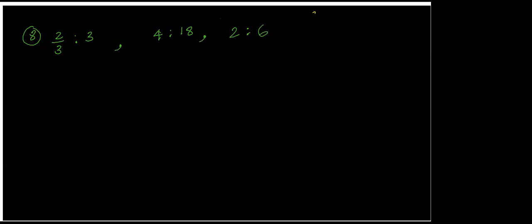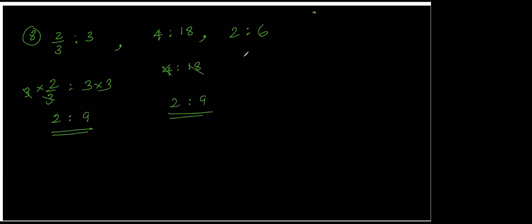Okay. Then start to find it. 2/3 to 3. This is by 3. 2 to 9. 4/18, that is also 2 to 9. 2 to 6, 1 to 3. Like this, ne? Then we can write 2/3 to 3 equals 4/18.